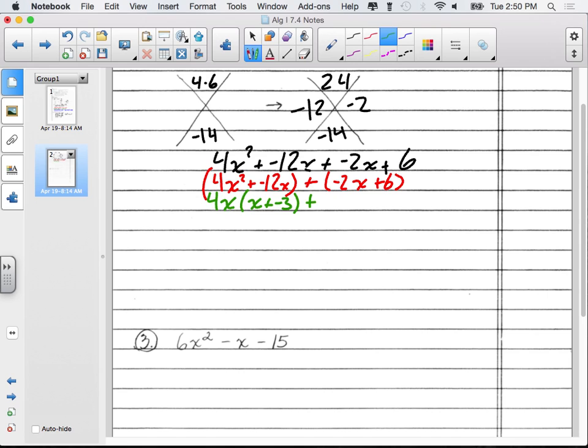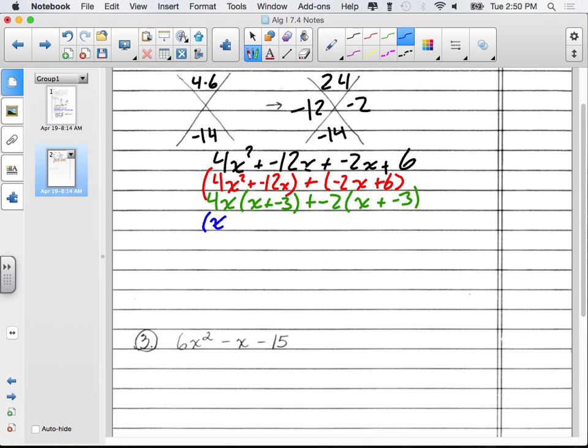Now I have to do the second group. What's the GCF of that one? Negative 2. And what are we left with? X minus 3, or x plus negative 3. Now after we found the GCF of both groups, they both have a common factor, right? It's x plus negative 3, or x minus 3.